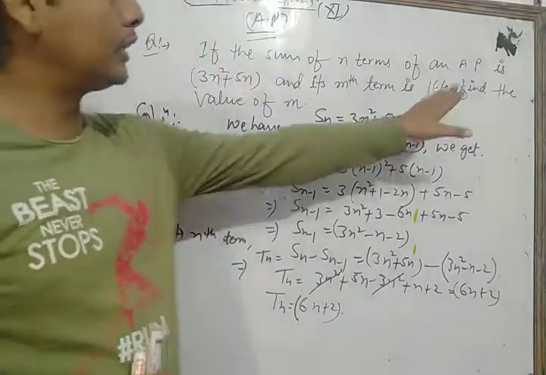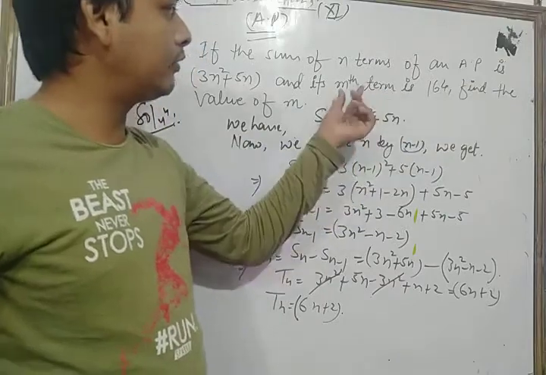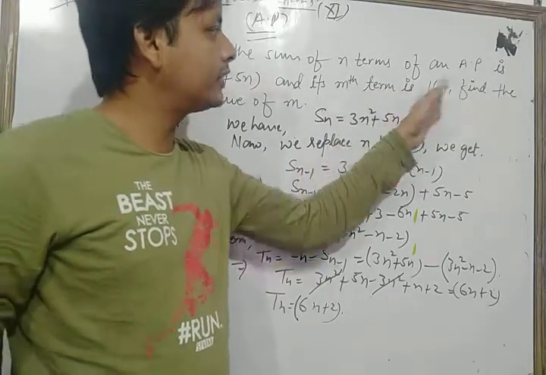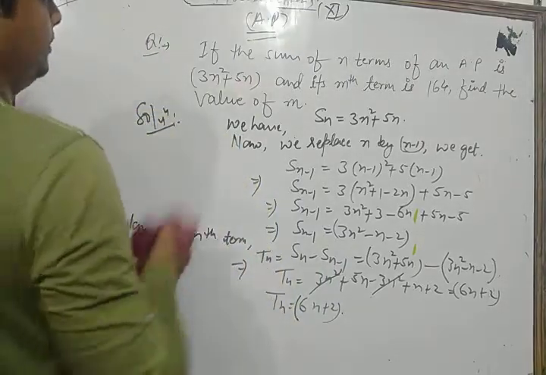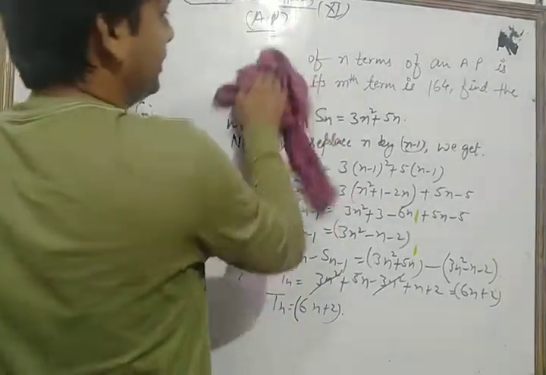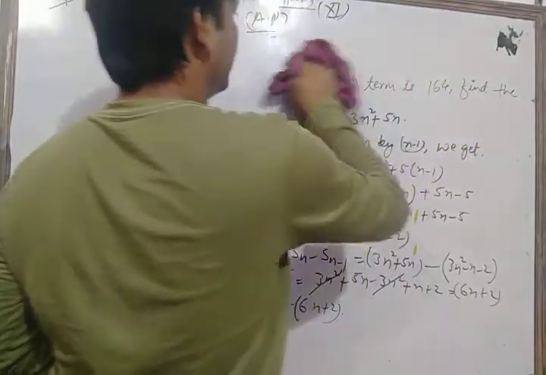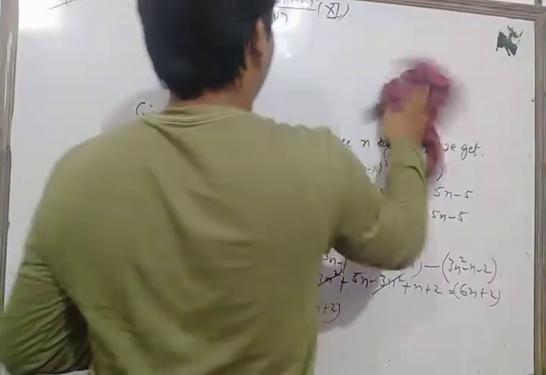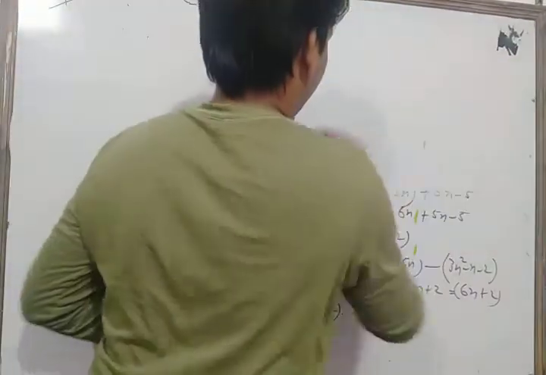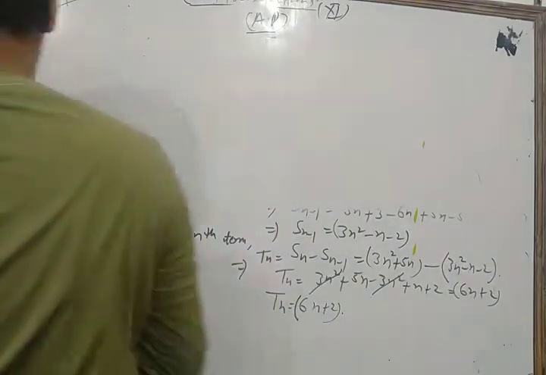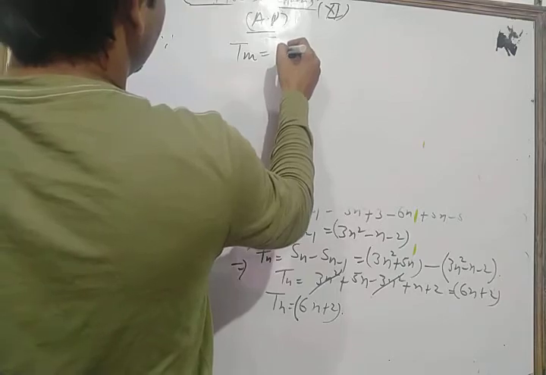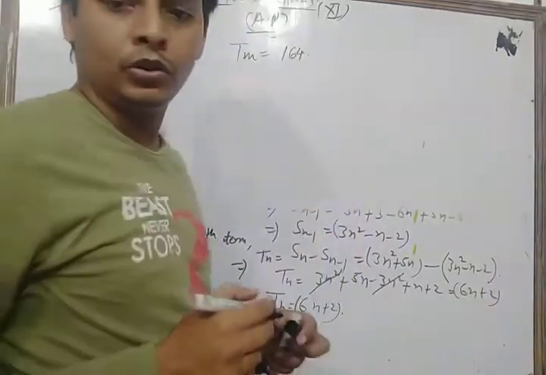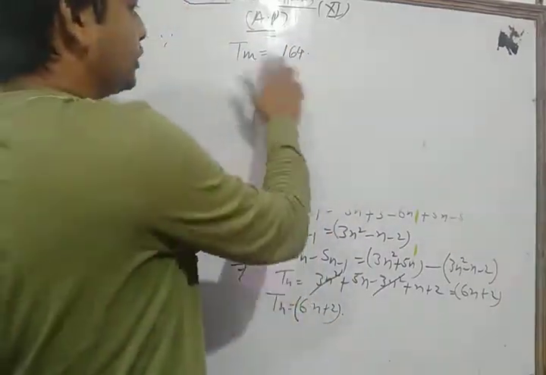Now dear student, in this question the mth term of this AP is 164. So Tm is equal to 164.